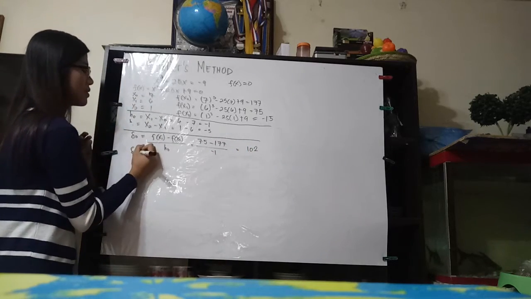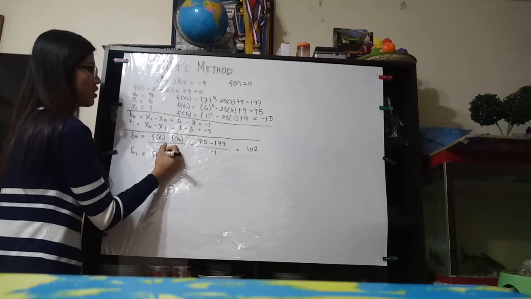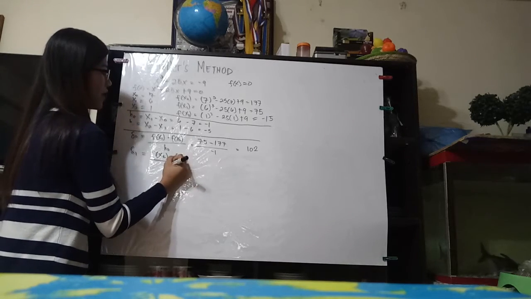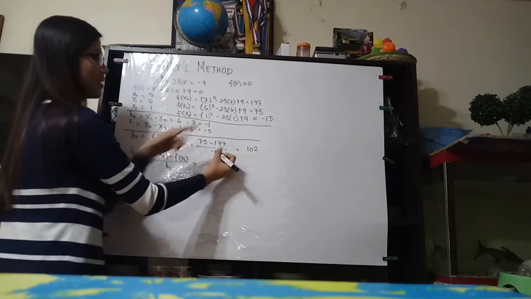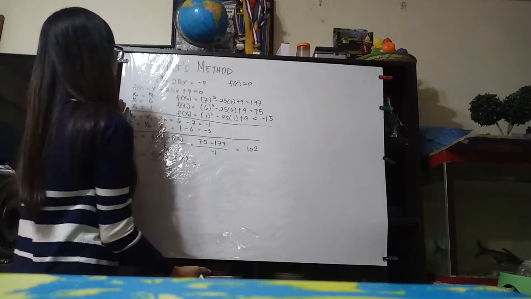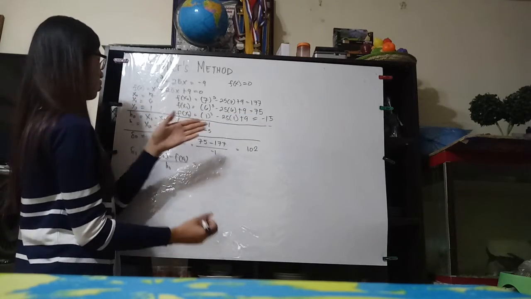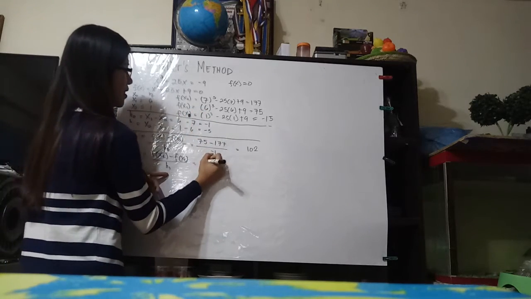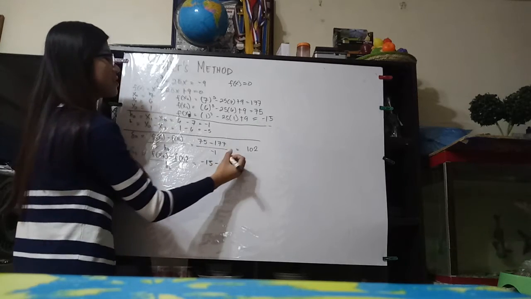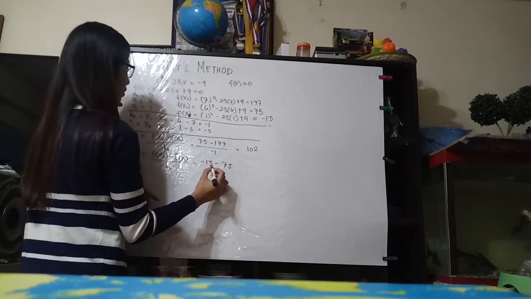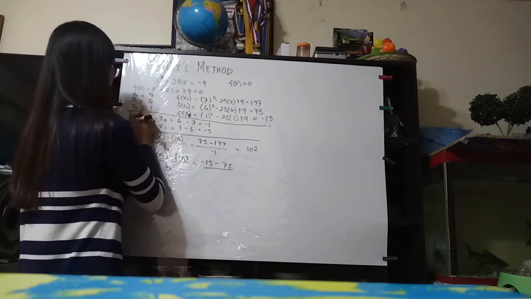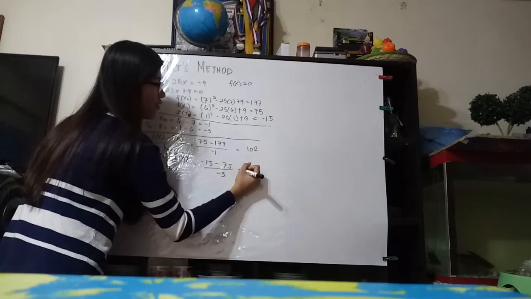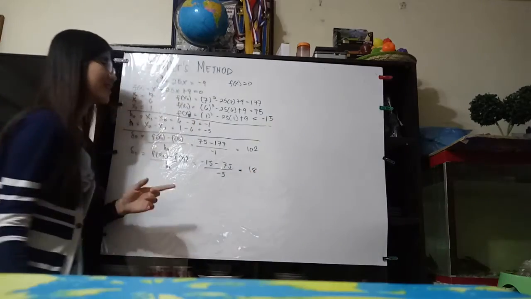And then for our sigma sub 1, that would be the function of x2 minus the function of x1 divided by h1. That would be -15 minus 75 over our h1, which is -5. This would be 18.